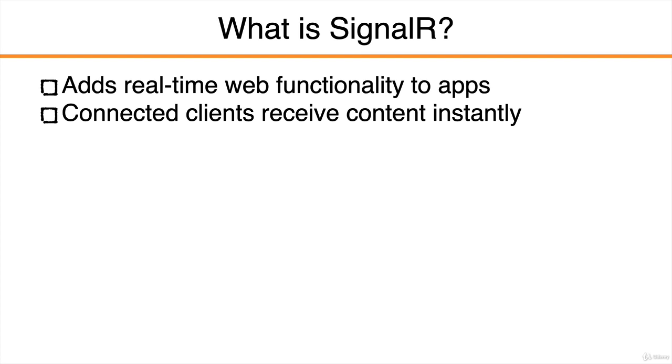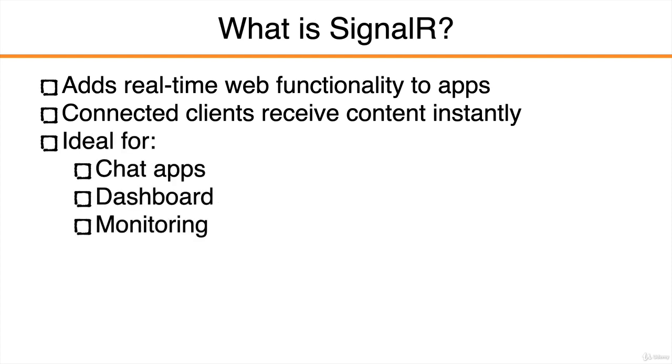But in the case of SignalR, our clients maintain a persistent connection to our server. And SignalR is ideal for chat applications, things like a dashboard where you want things to update in real time, or any kind of monitoring application which would also require a real-time update rather than polling the server to see if something's changed.